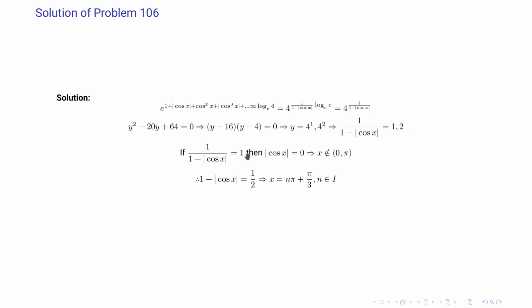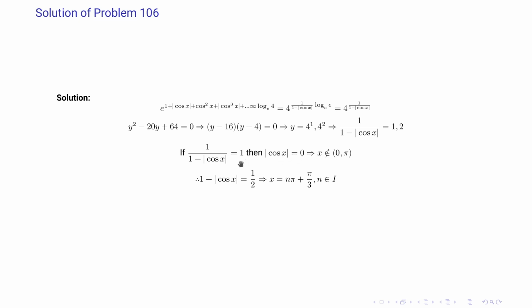Now if it is 1, then mod of cos x will be 0. That means x is not an element of 0 comma pi. Hang on, let me check this. If mod of cos x is 0, then x would be pi by 2, which means x equals pi by 2.